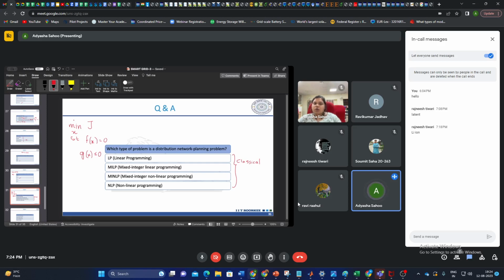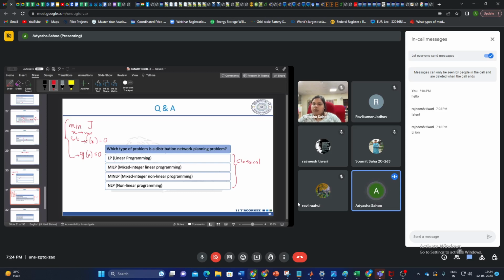So what this problem tells us is we are trying to minimize the objective function J with respect to the variable x, subject to the equality constraint f of x and subject to the inequality constraint g of x.